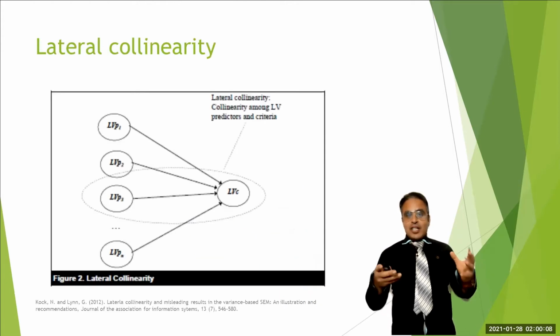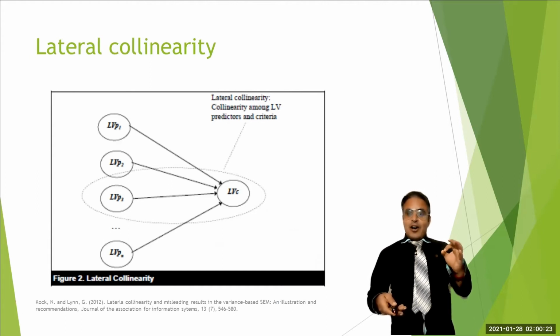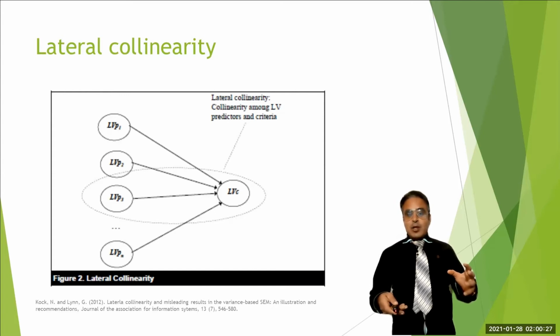However, the case of horizontal or lateral collinearity is different, as you notice in this figure here. In horizontal or lateral collinearity, we have to check between the main construct and its subconstruct.